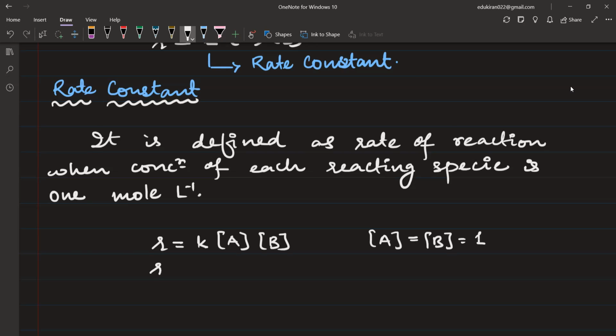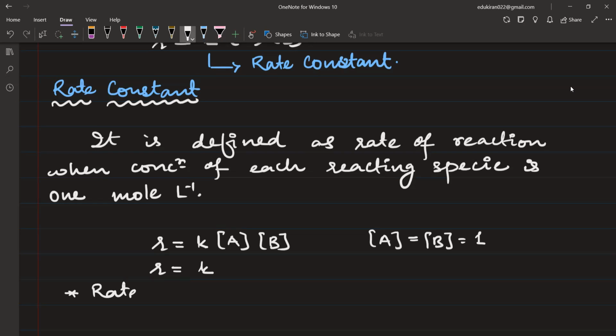In this case, what will happen? The rate will be equal to the rate constant. So we say that the rate constant is nothing but the rate of reaction, but there is a certain condition: when the concentration of all the reacting species is 1 mole per liter, whatever the rate of reaction comes to be, that is the rate constant. Okay, so please write one more line.